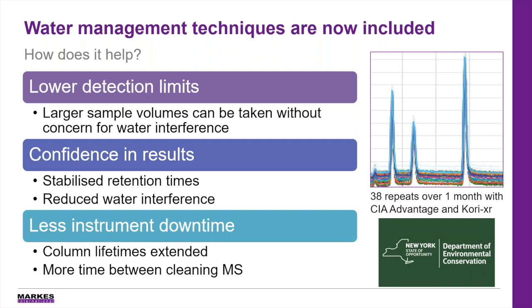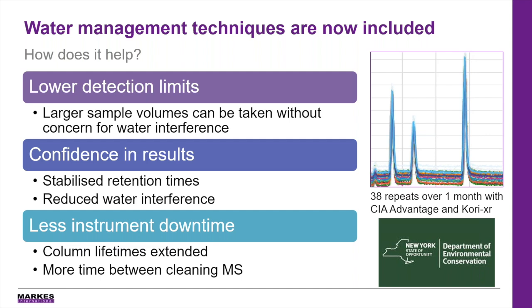Pete Fedina from New York State, who ran these samples, said he'd never seen retention time stability like this until he used the Cori for his samples. And this stable retention time can really help with compound identification. If you run your standard and the compounds are coming out at the same time, you've got a good shot at getting that identification right.